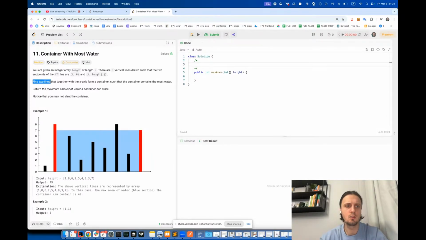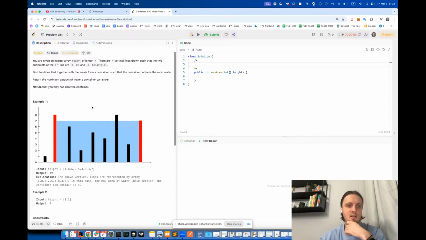Find two lines that, together with the x-axis, form a container such that the container contains the most water. Return the maximum amount of water a container can store. Note that you may not slant the container.